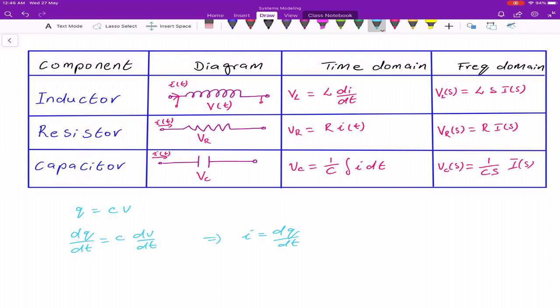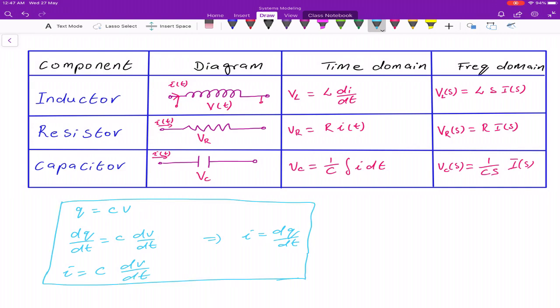So we can have the current-voltage relationship for a capacitor, whereby we can just say that I is equal to C times dV/dt. We're going to look at a very simple circuit so that we'll see how we use these components to get what is required.